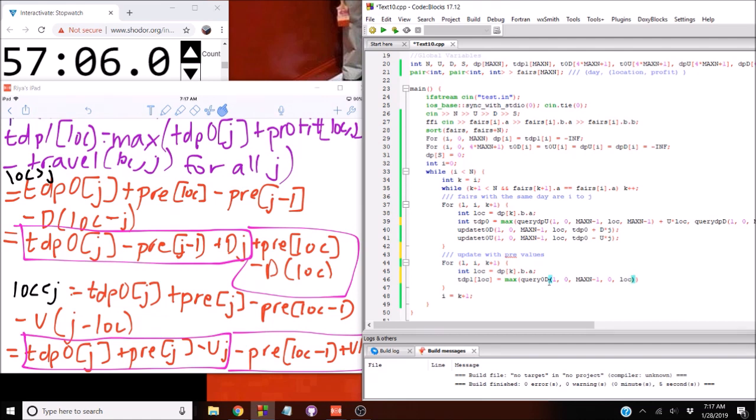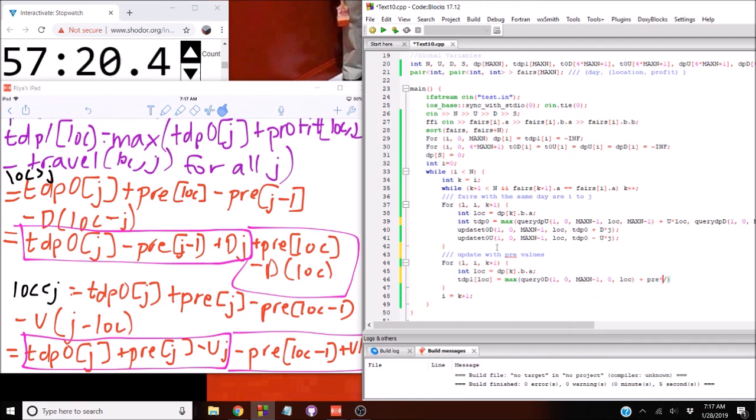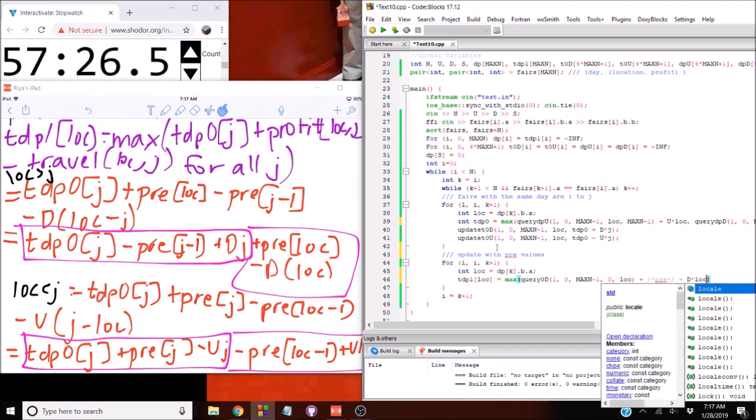Yeah, so we query the max of all those, and then we add pre-lock. I'll put that as a comment, because I'm not exactly sure how we're going to do the prefix sums yet. Minus d times lock.